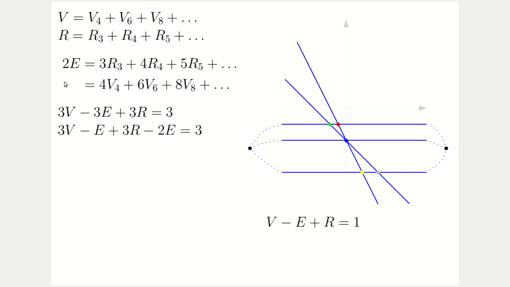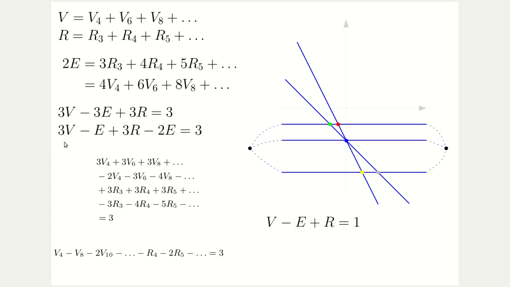By having these equalities, we can now look at the Euler-Poincare formula. We can write it in the following way by multiplying by 3 and then rearranging the terms, and finally getting 3v minus e plus 3r minus 2e equals 3. Now what is left is just to plug in the values from the above equalities. 3v equals this, 3 times v4 plus 3 times v6 and so on.